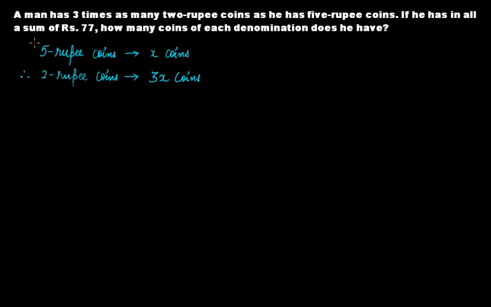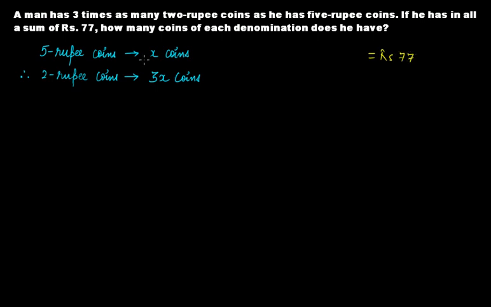Now the second line says that he has in all a sum of rupees 77, it means that the value of 5 rupee coins and the total value of 3x coins makes rupees 77.